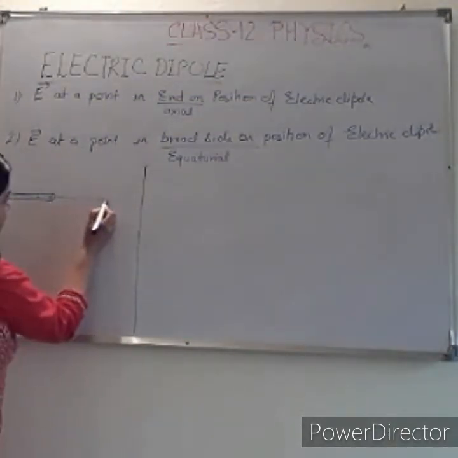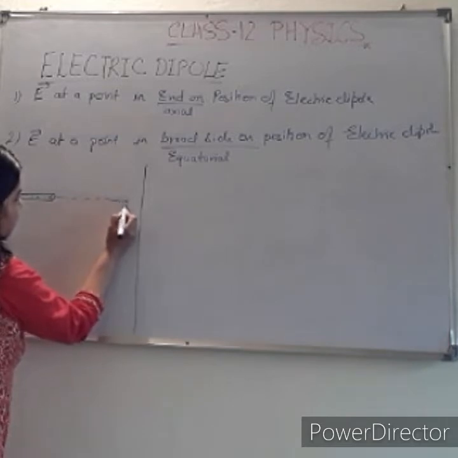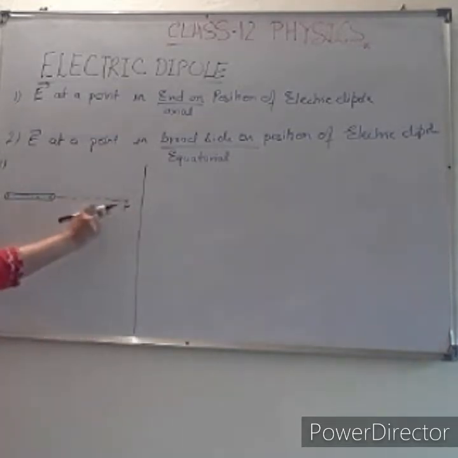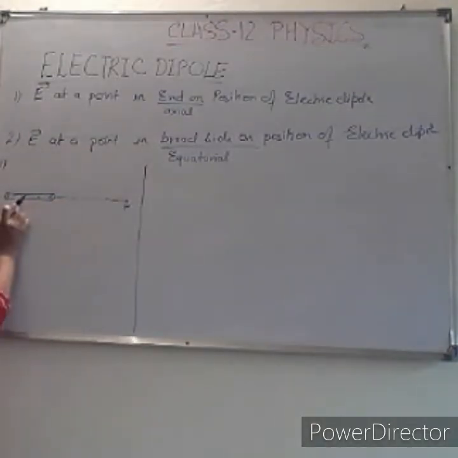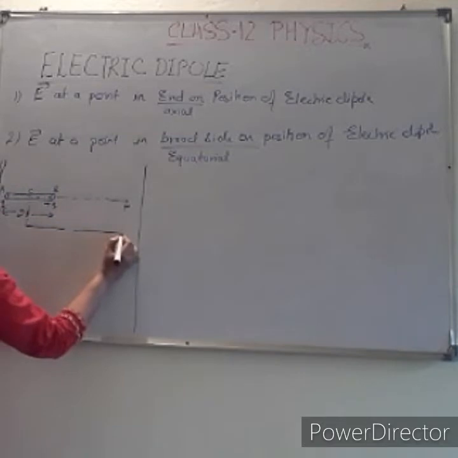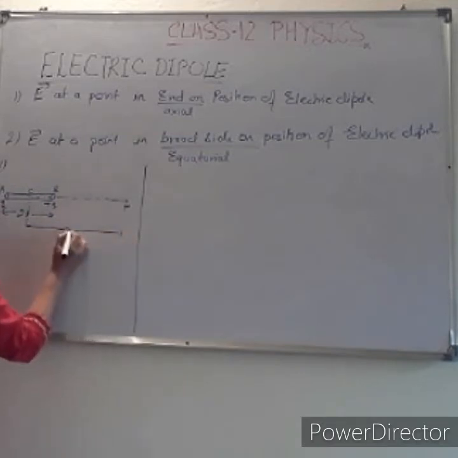So the dipole axis is this one, and the point P, where we have to calculate the electric field, is situated on the axis of this dipole. Let this dipole be AB, with minus Q charge at A and plus Q charge at B. The dipole length is 2L, and this one is the center position C. The point is situated at R distance from the center point.